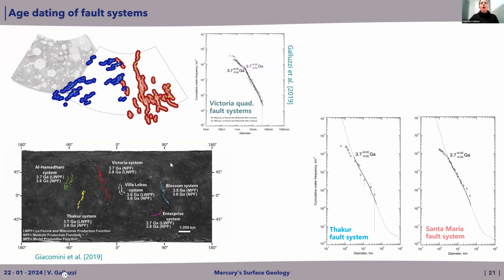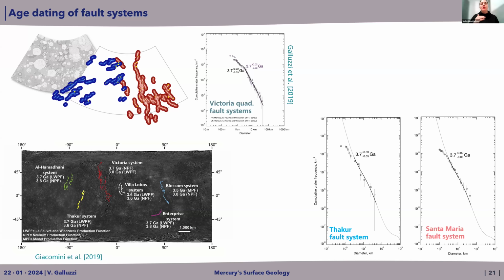And the outcome is that mainly scarps are 3.7 gigayears old. And this is the same result that I got in 2019 within the Victoria Quadrangle, where I have two different systems. And again, I get 3.7 gigayears. So these scarps are very old.